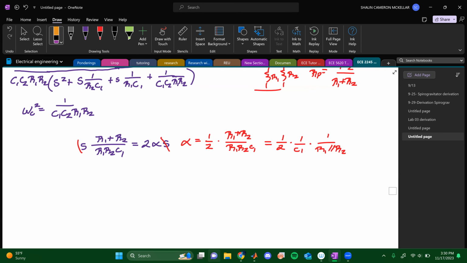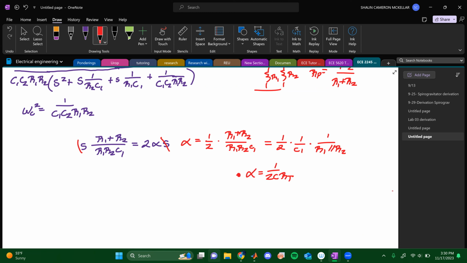Notice that by basically setting the denominator to be a quadratic and solving for the term connected to s, we came up with alpha equals 1 over 2C times R Thevenin.